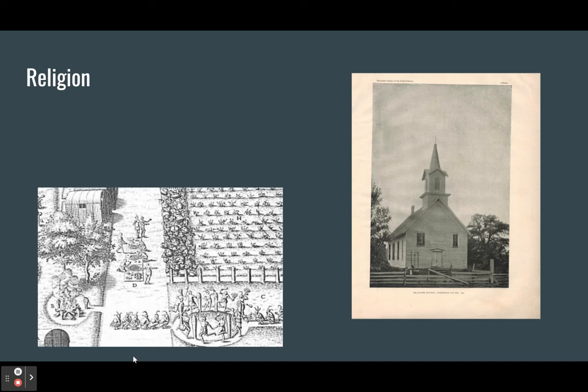Religion, now that they've been forcefully removed to Indian territory, religious observances really become an attempt to regain a meaningful social life, a meaningful, purposeful life. Religion becomes a means for which they connect to something larger than themselves.